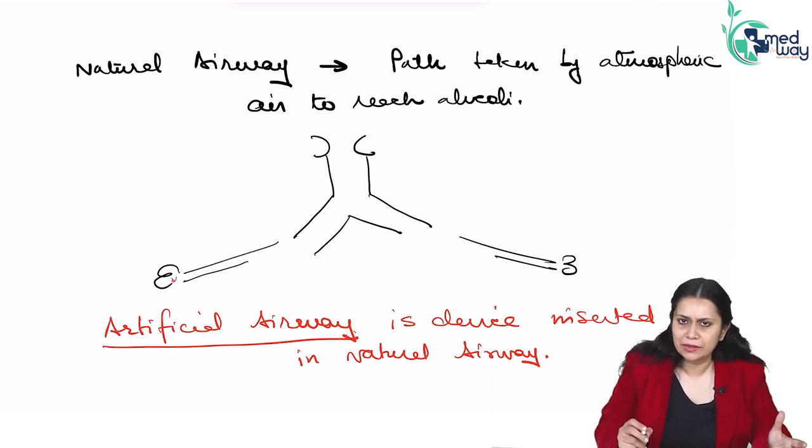So we put the device. And the other reason is that we need to maintain the patency and also for artificial ventilation, right? Then those devices which are just used for maintaining the patency, we call them basic airway devices, and the devices which can also be used for ventilation, we call them advanced airway devices.